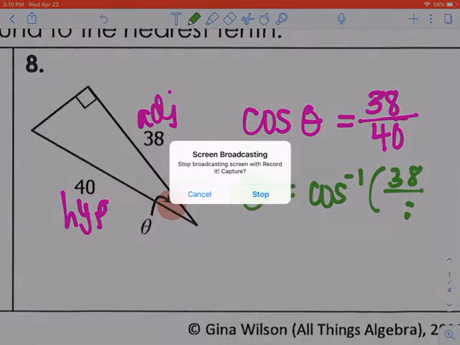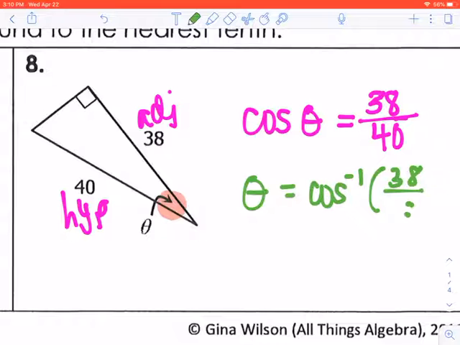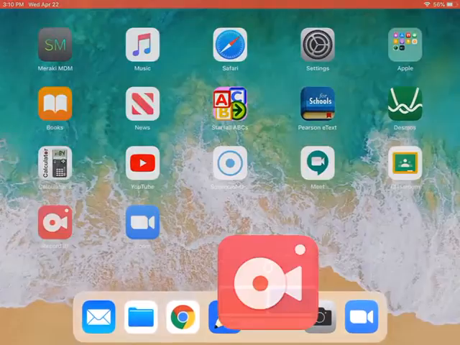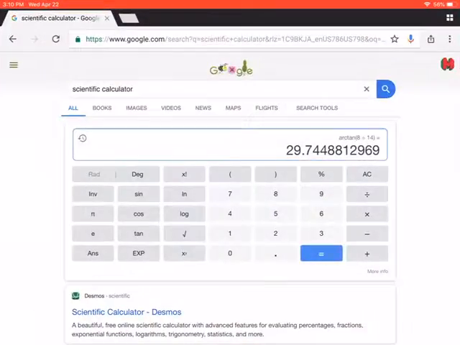Sorry, my stylus isn't working. Let me erase that. 40. Okay, so let's go back and do inverse cosine of 38 over 40. Oops, not that. This.